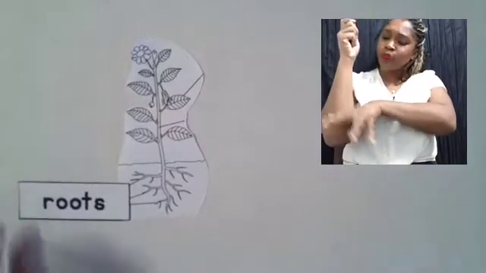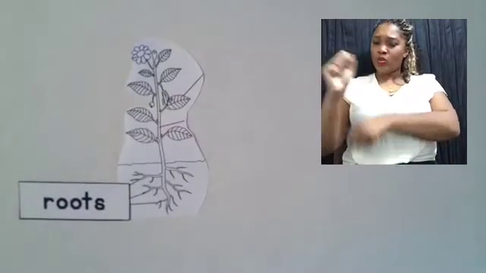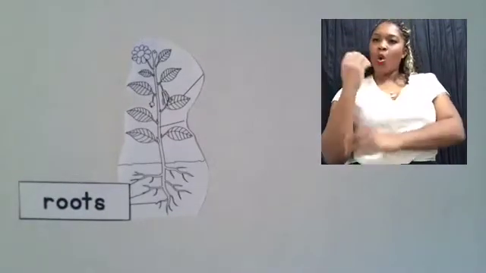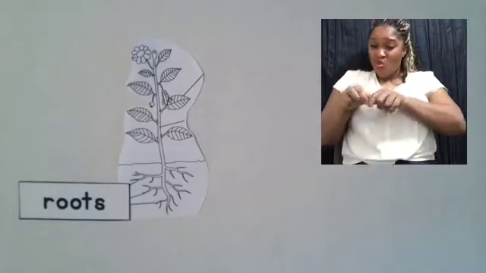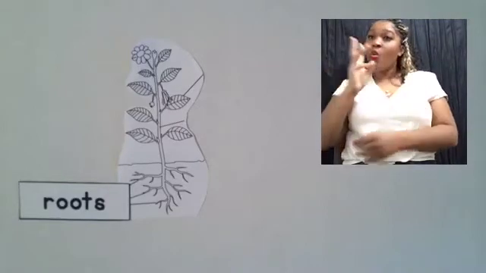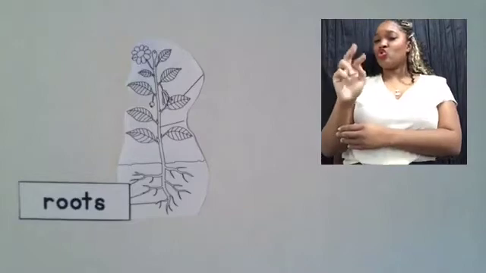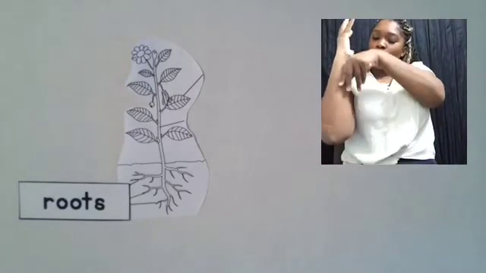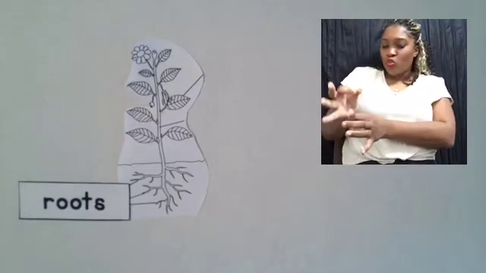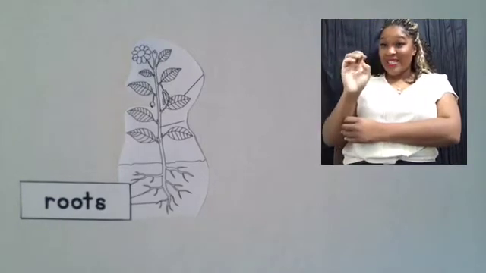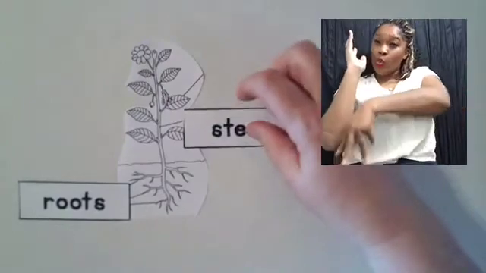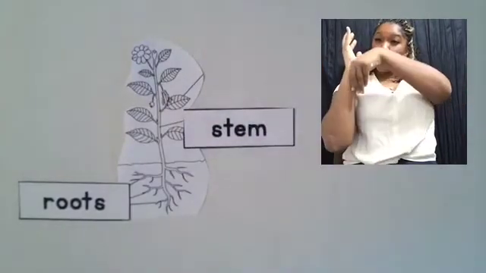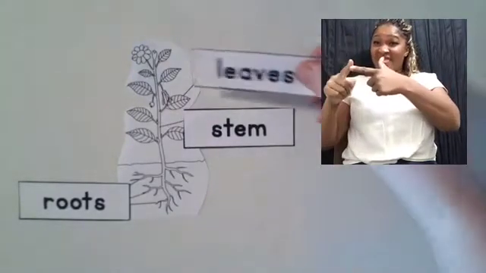A plant's roots help to hold it up straight, but those roots also draw in water and nutrients from the soil. The plant pulls the water up through tiny tubes through the stem and then out to the leaves.